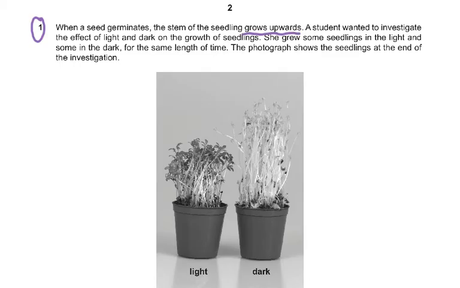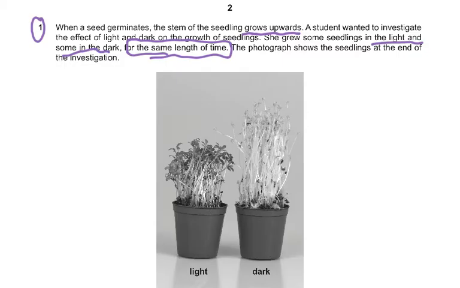A student wanted to investigate the effect of light and dark on the growth of seedlings. She grew some seedlings in the light and some in the dark for the same length of time. So if she left it for 3 days, all of them were left for 3 days. If she left them for 10 days, well, they all were left for 10 days.